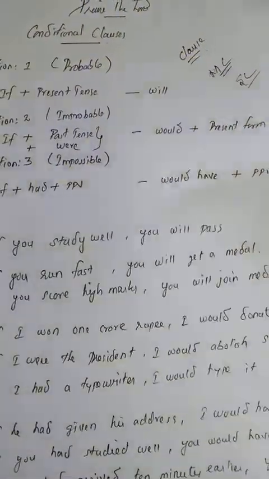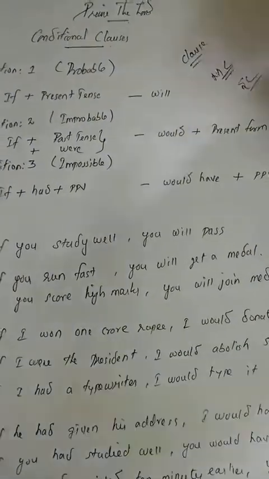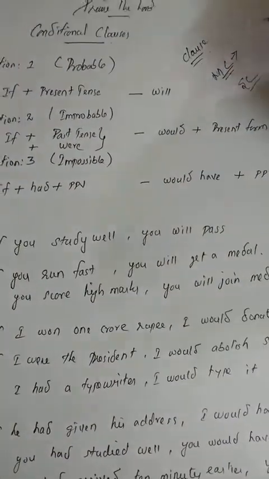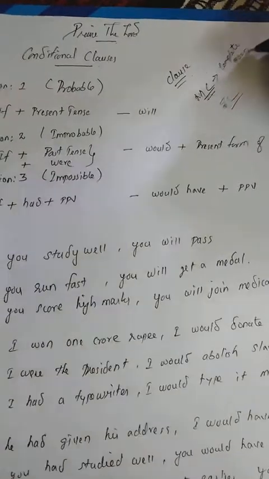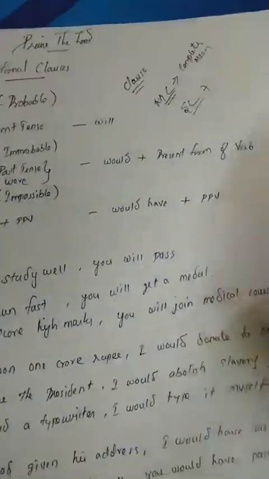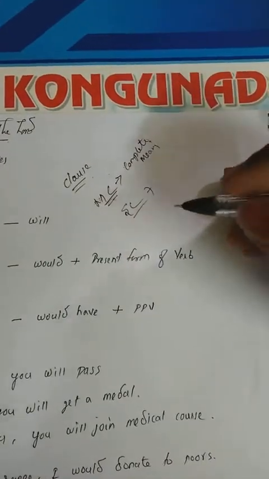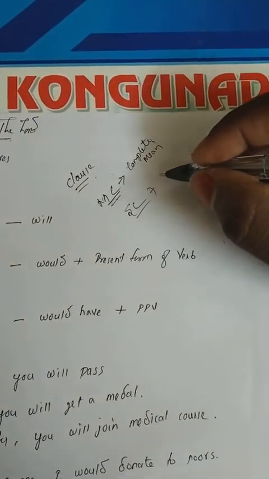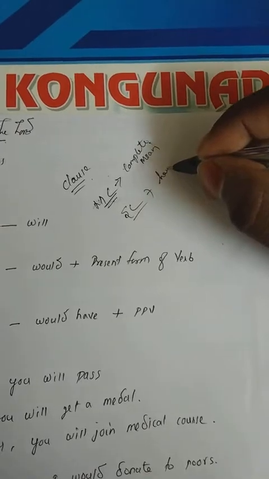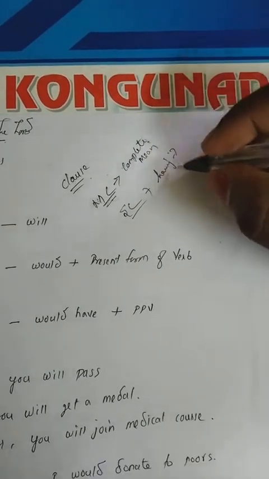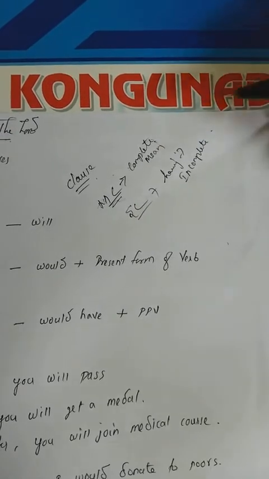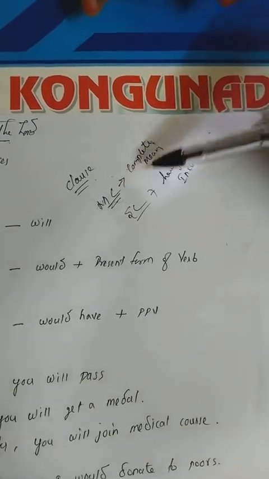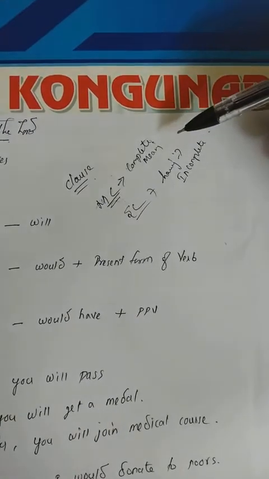What is a main clause first? A main clause is a group of words which gives a complete meaning. And what is a subordinate clause? In a subordinate clause the meaning will be left hanging, otherwise you can call it incomplete.